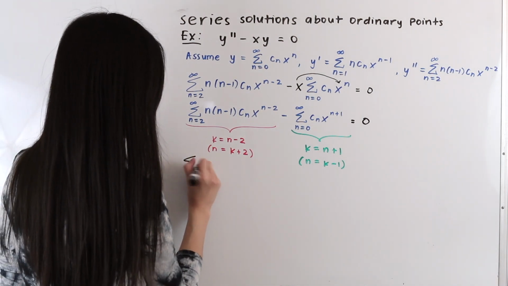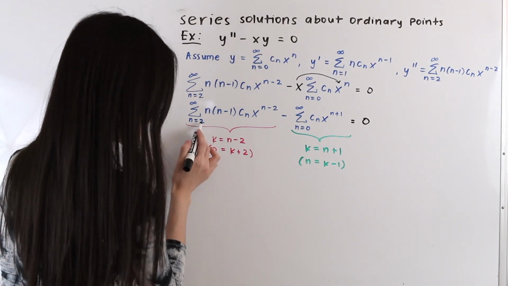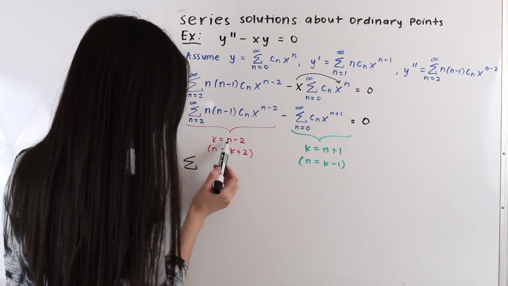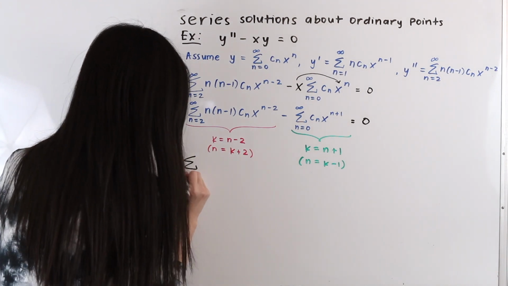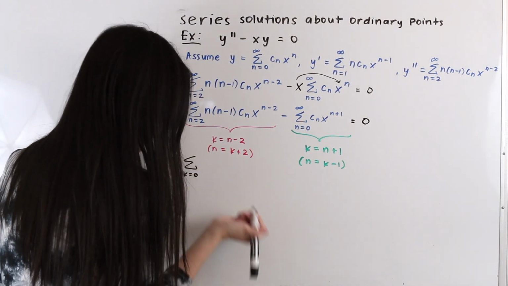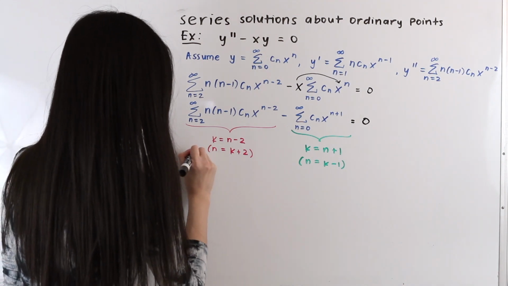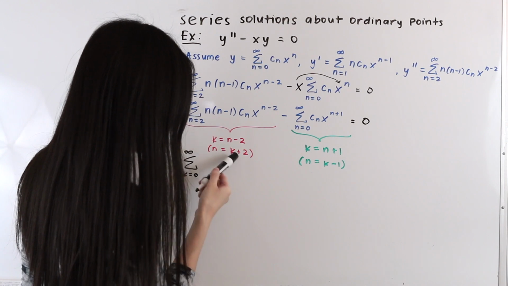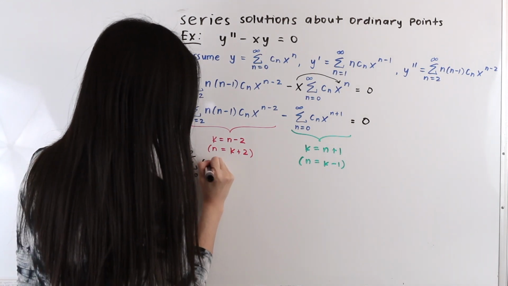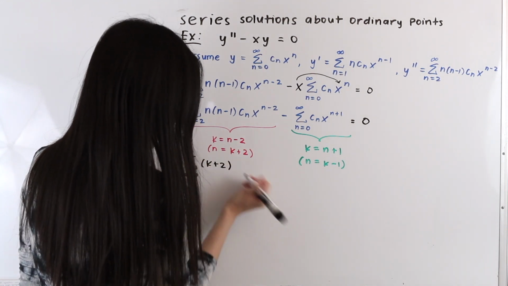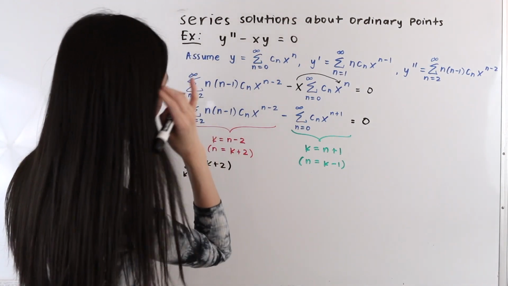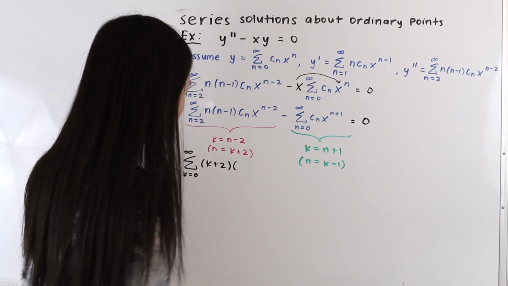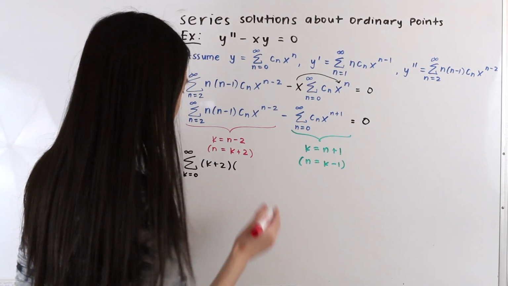So for our first summation here, we have an n equals 2, so plugging this in to here, we have k is equal to 2 minus 2, which is equal to 0. So we have k equals 0 here to infinity. And then we have an n here, so let's go ahead and replace that with a k plus 2. And then we have an n minus 1, so let's go ahead and plug in a k plus 2 for n.